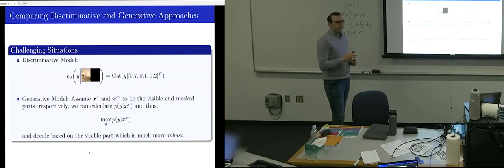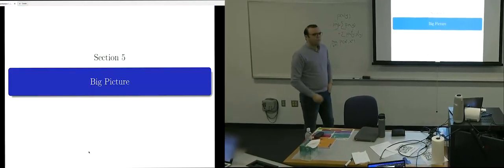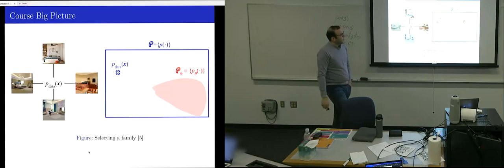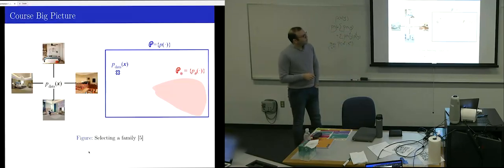Any other question? Okay. So we are now at the start of our big picture. What do we have here? We have a data distribution, and you will see this notation several times.